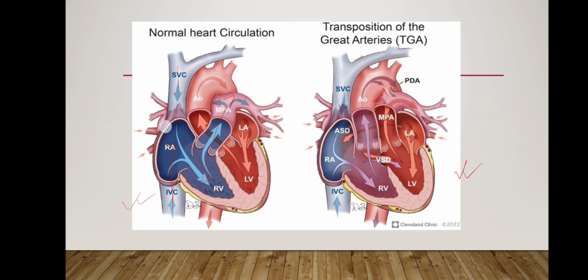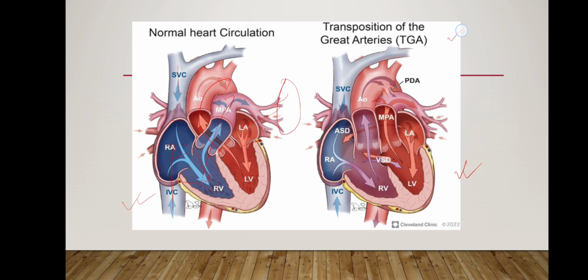This deoxygenated blood enters into the lung, and in the lung it is oxygenated, and this fresh blood enters into the left atrium, then the left ventricle to the aorta, and then to the body. That means there is a complete demarcation of oxygenated and deoxygenated blood. The oxygenated and deoxygenated blood do not get mixed, so there is no cyanosis in a normal human being.